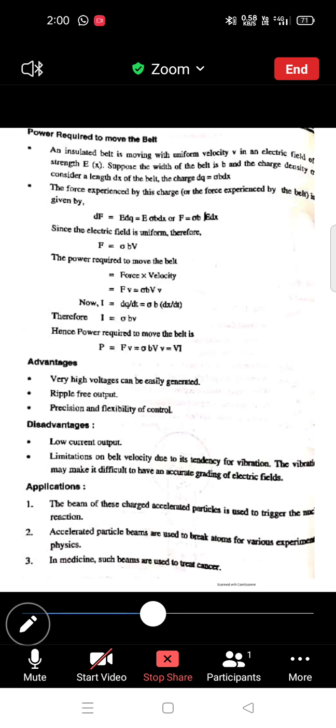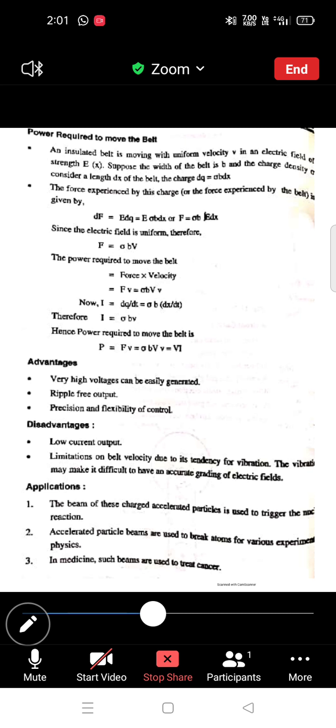Now, the power required to move this belt. An insulated belt is moving with uniform velocity v in an electric field of strength E(x). Suppose the width of this belt is b and the charge density is sigma. Consider a length dx of the belt.